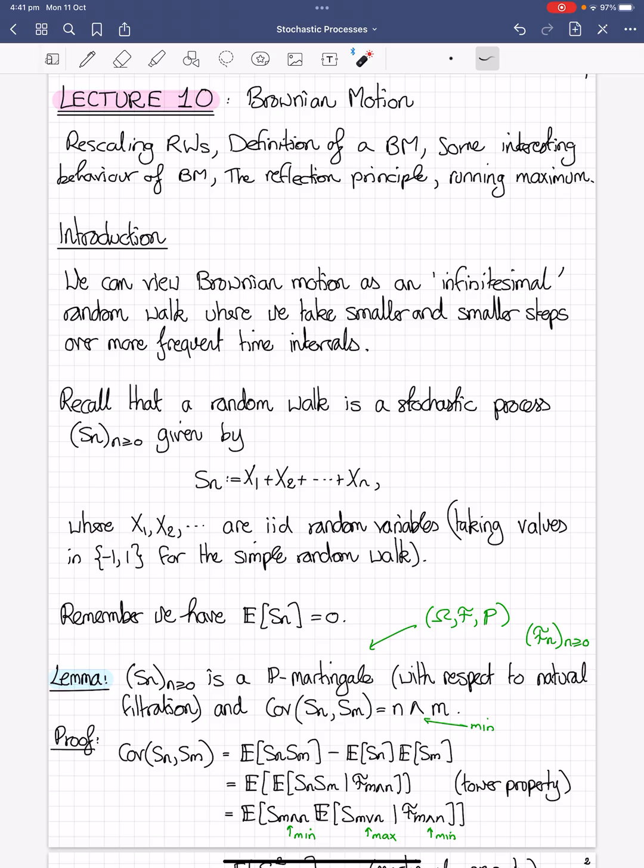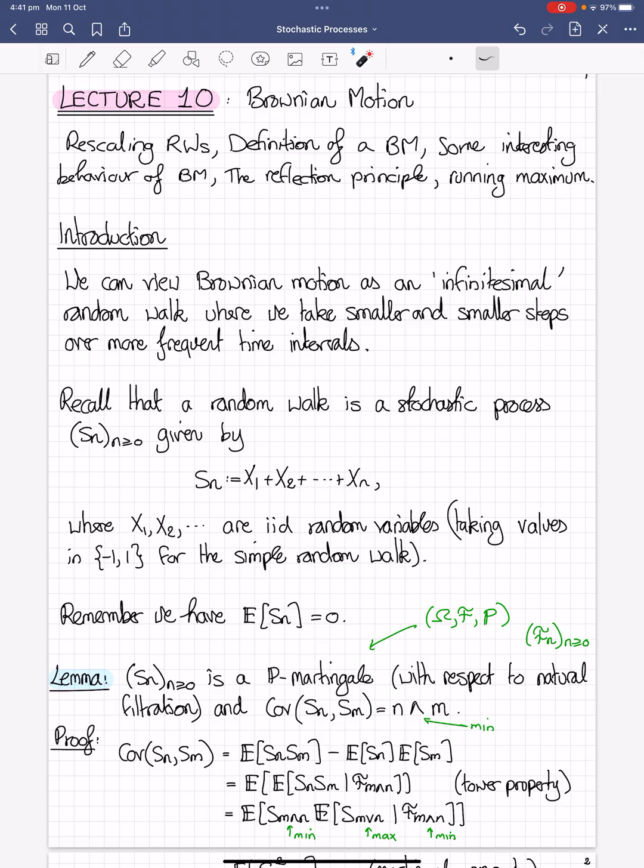But when we think about modeling, for example, things like share prices, the randomness that we see does not work that way: the share price does not update every 1 minute and does not go up by $1 and down by $1.